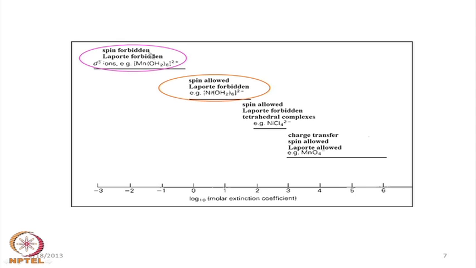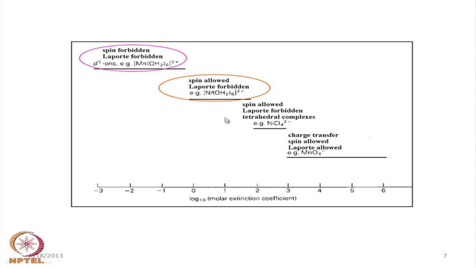Compared to the hexaaqua manganese compound, the transition intensity is higher because it is spin allowed. We get the molar extinction coefficient values on the log 10 scale, and the value for the manganese compound is very small compared to that for hexaaqua nickel, which is higher.